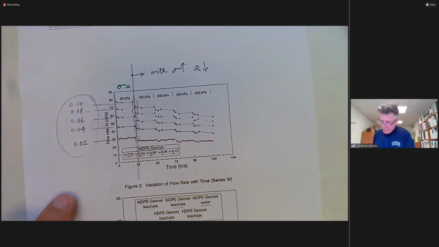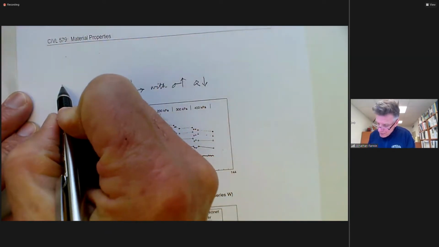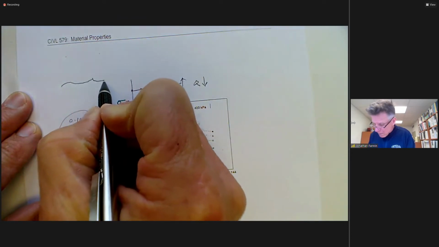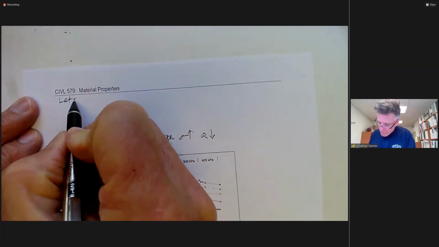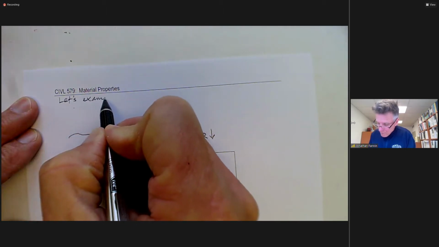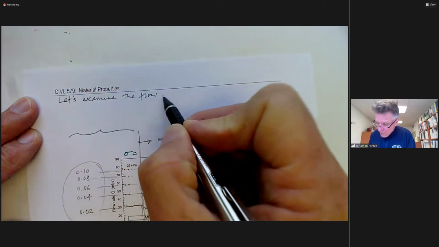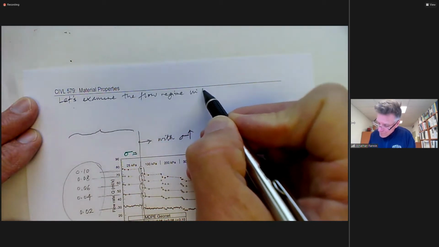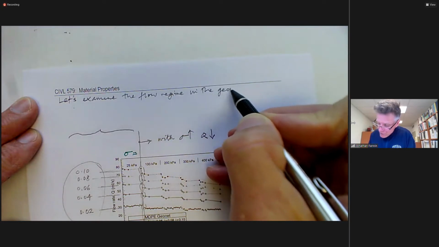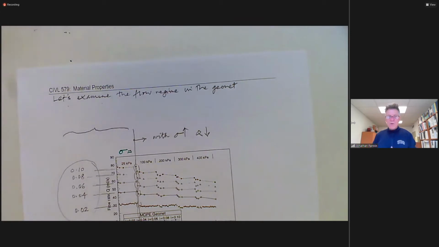Now, if we come back to the flow data, let's examine the flow regime in the GeoNet. And if I was to say why, I'd say for two reasons.